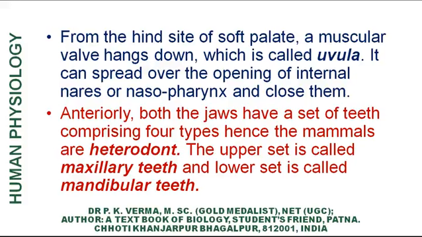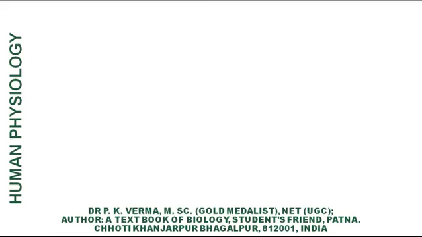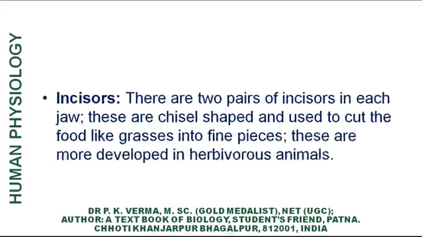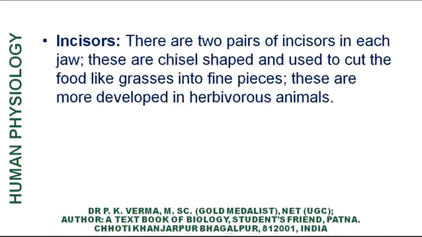The upper set of teeth is called maxillary teeth, and the lower set is called mandibular teeth. Incisors are two in number on each side of each jaw, that is, two pairs of incisors in each jaw. These are chisel shaped and used to cut food like grasses into fine pieces.